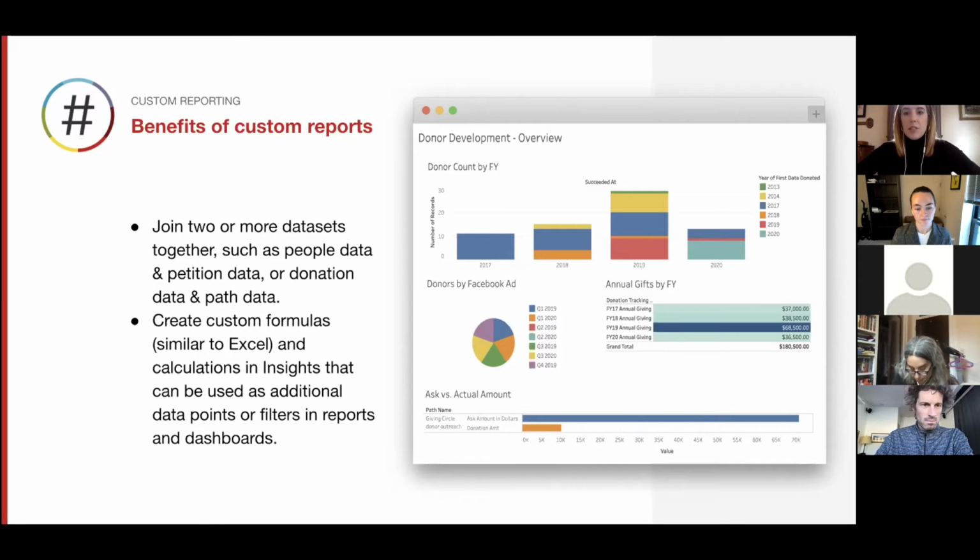Tableau is pretty similar, so you can build custom calculations, custom formula fields, and use those to either filter the data in your dashboards or as additional data points. So if you want to see a number as a percentage, instead of just the sheer count of people who answered this question, you can change it to see the percent of people who answered a question in this way.